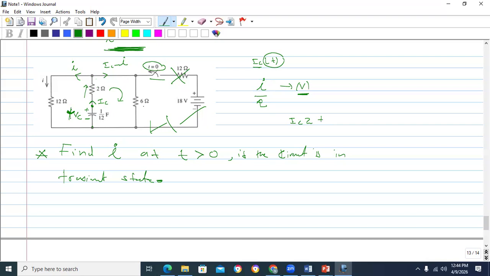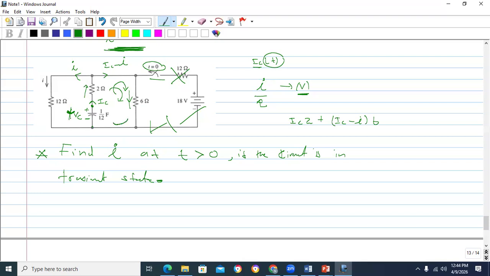Across the 6, it is (IC minus i) times 6. This is the voltage across this resistor, and I am going this way, so this is also plus.